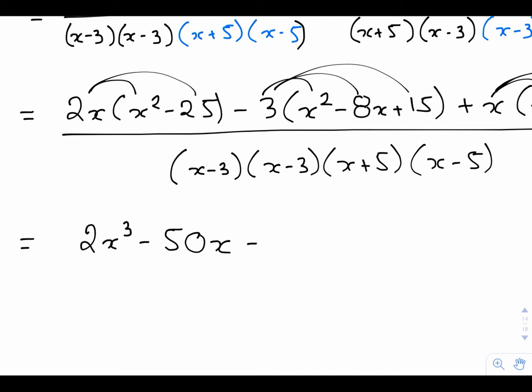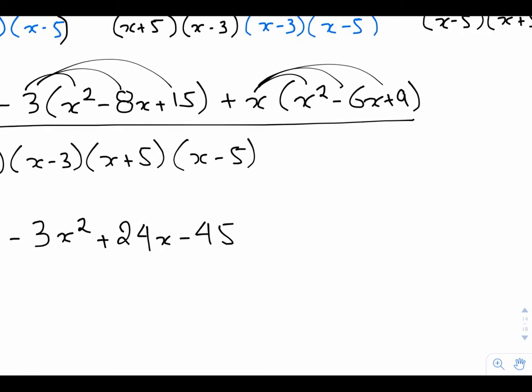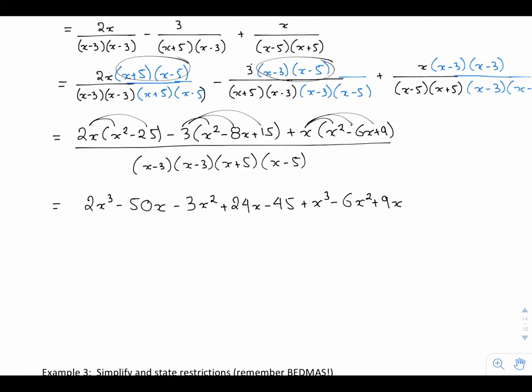Then I have negative 3x squared plus 24x minus 45. Continuing, the x and the x squared gives me x cubed minus 6x squared plus 9x. And before I simplify that, I'll just write this over a common denominator, which is all this stuff here.